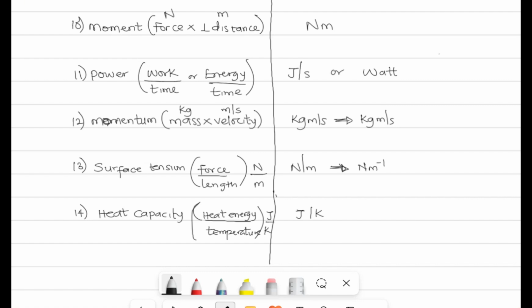Then we have momentum. Momentum is mass times velocity, kilogram times meter per second, giving kilogram meter per second. We also have surface tension, which is force per length, Newton per meter. Then we have heat capacity, which is heat energy over temperature. Heat energy is just energy, which is joules, and temperature is Kelvin, so joules per Kelvin.